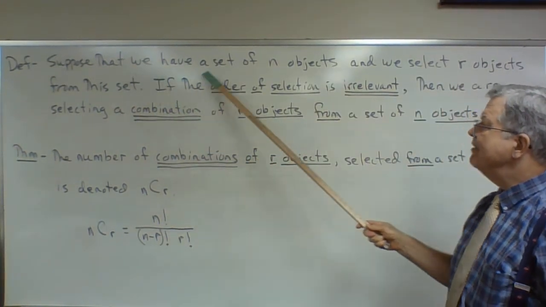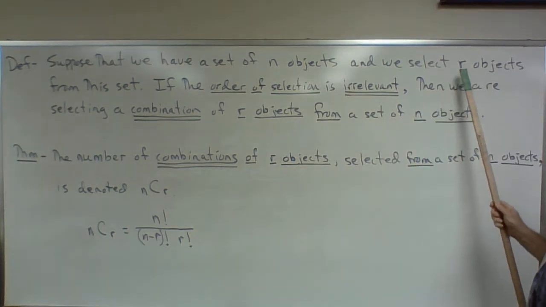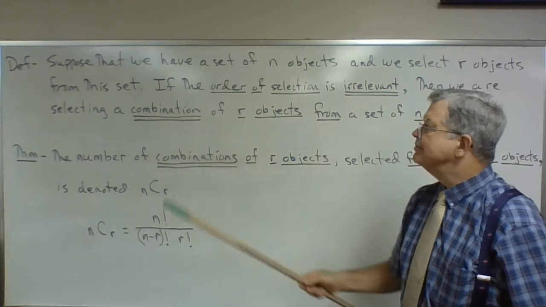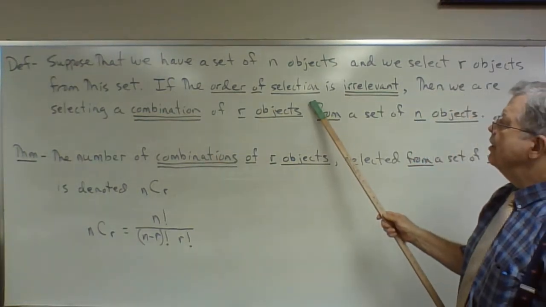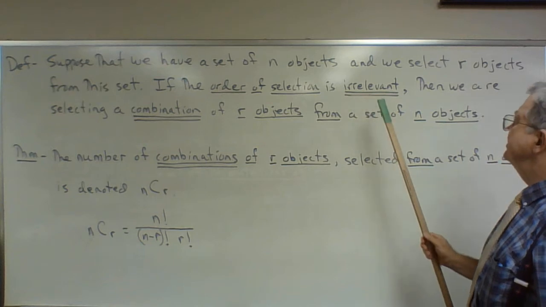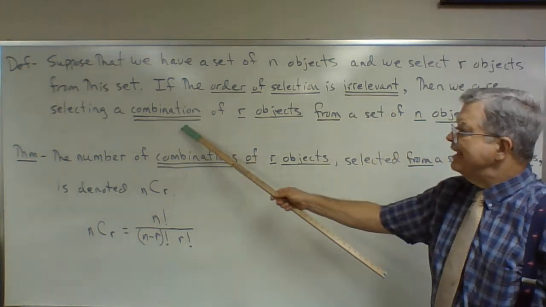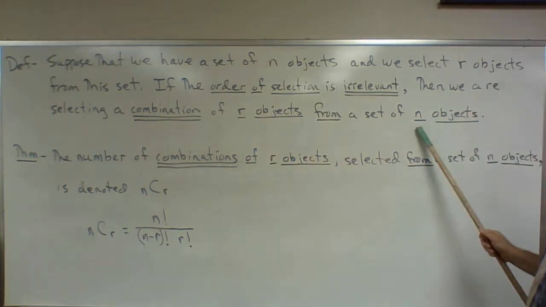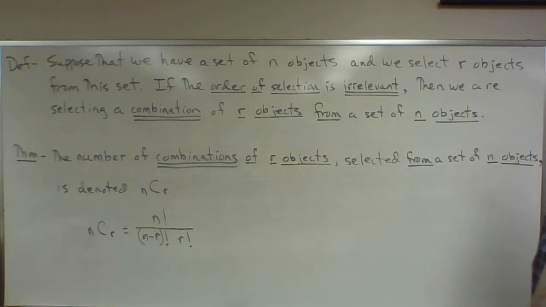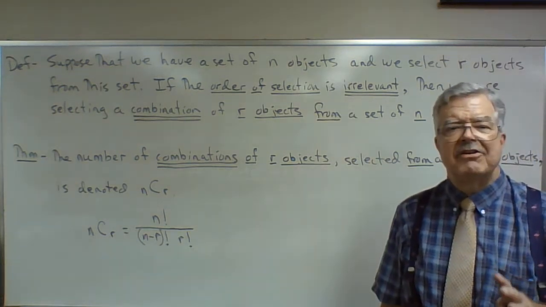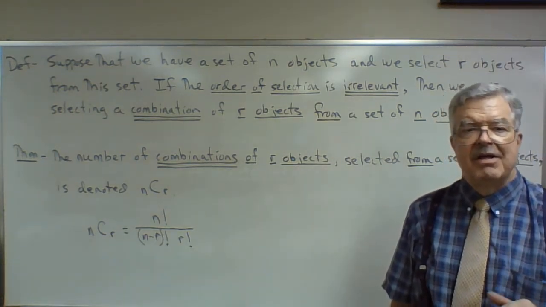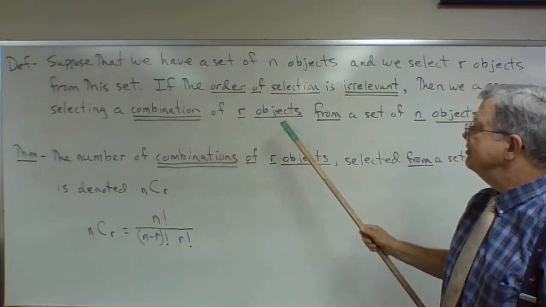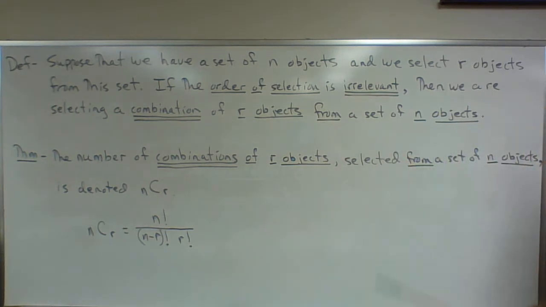Suppose that we have a set of N objects and we select R objects from this set. If the order of selection is irrelevant, then we are selecting a combination of R objects from a set of N objects.